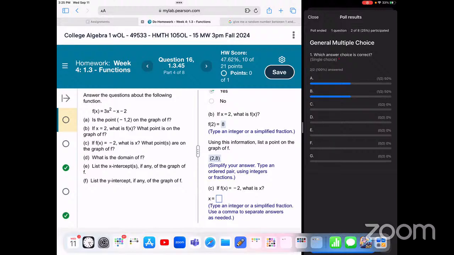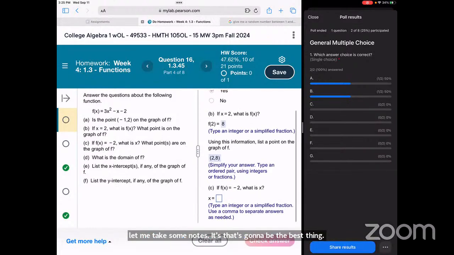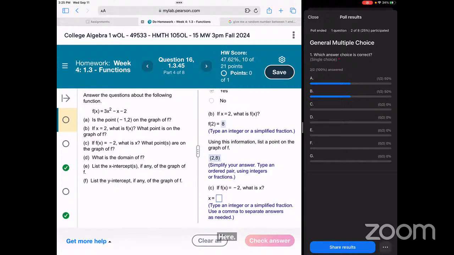Okay, so with this one, I probably should take some notes. I am totally being a little bit lazy. Let me take some notes. That's going to be the best thing here. We're working on C. Ooh.